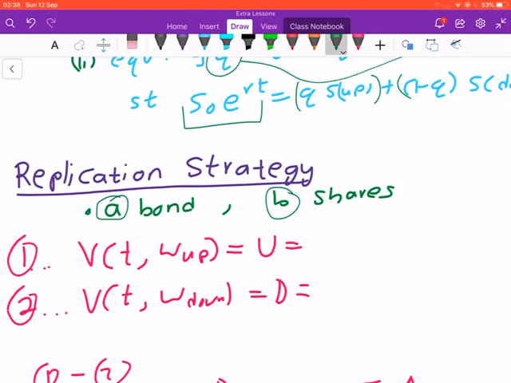Remember, we are trying to price options, right? So this is going to be the value of an option, such that the price of an option in an up market is going to be equal to what?